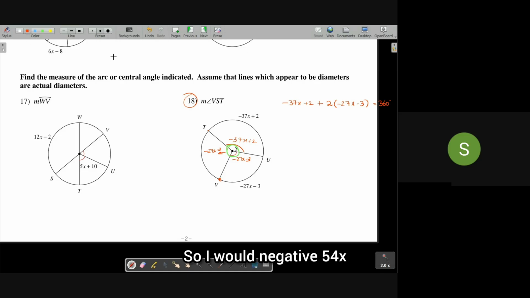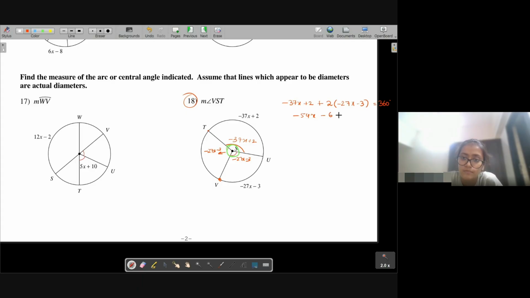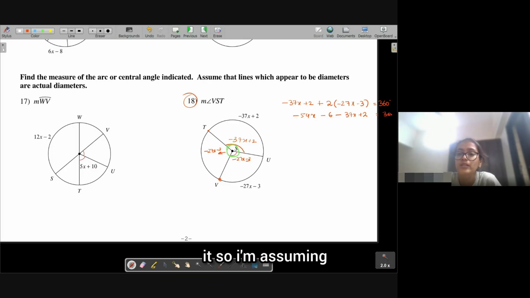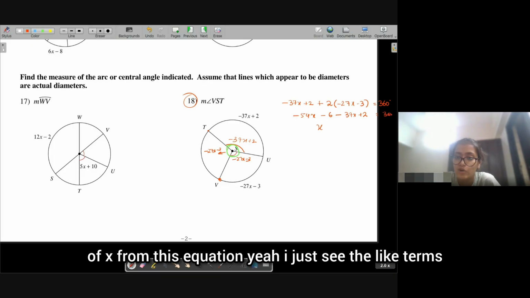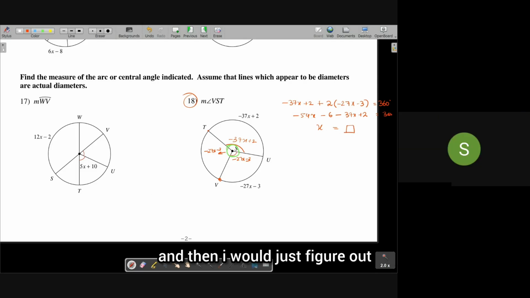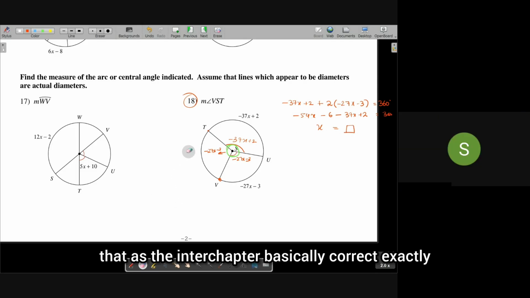So negative 54x minus 6, and then minus 37x plus 2, that is equal to 360. Okay, we will not solve it. I'm assuming you will be able to find the value of x from this equation. I'll just combine like terms, and then subtract or add.